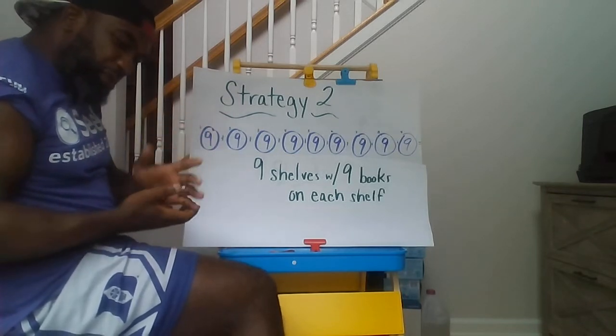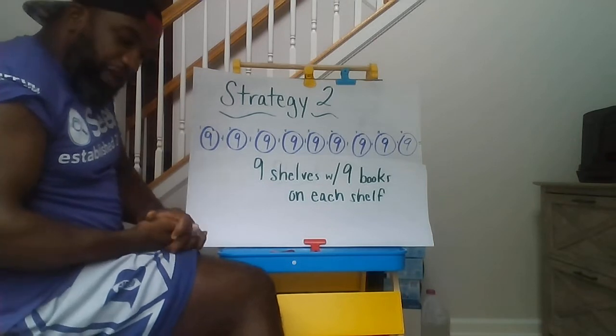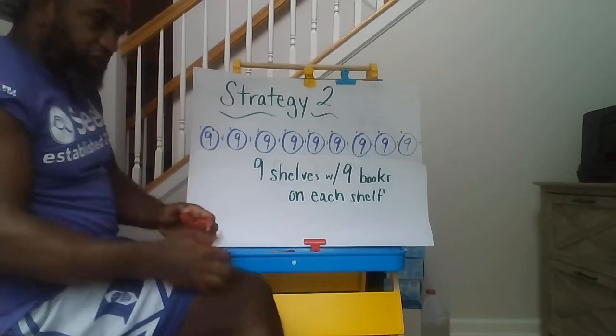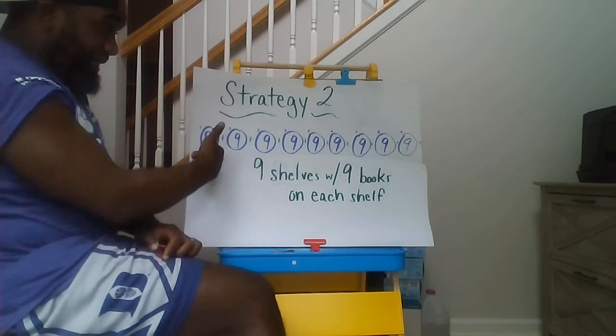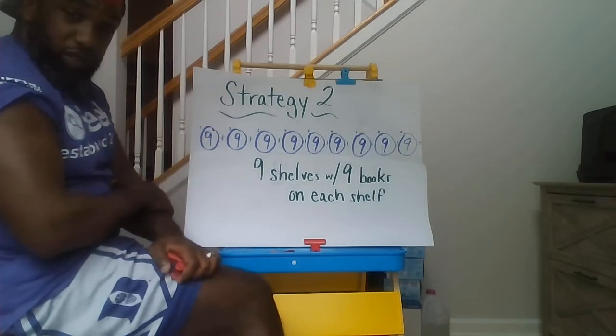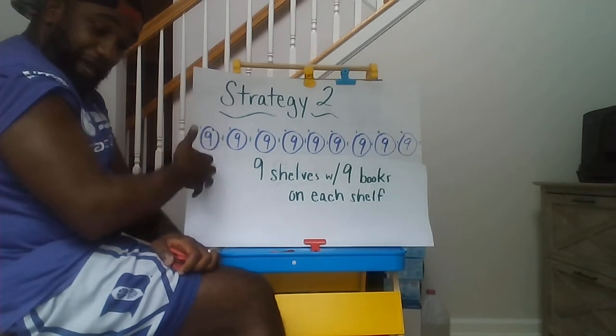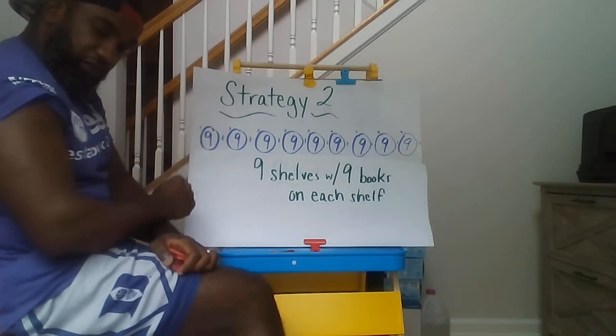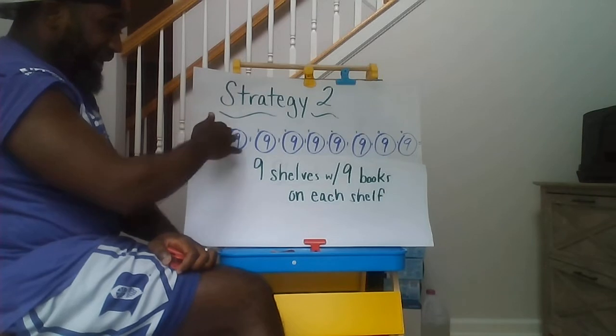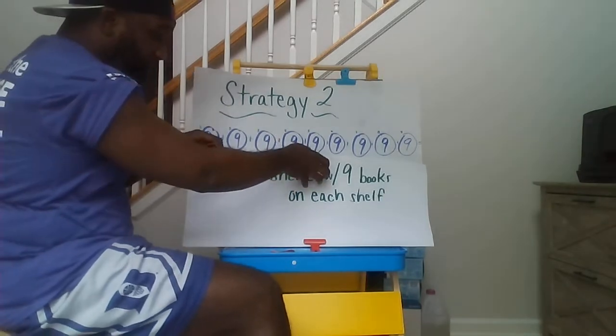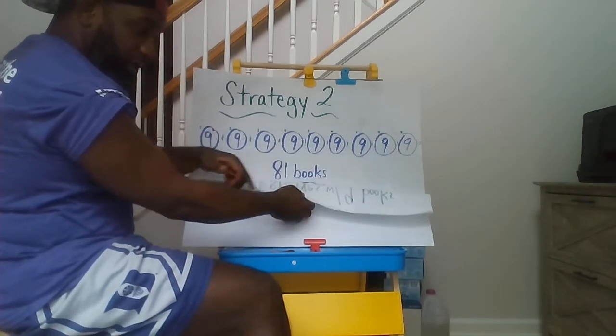We put 9 books on each shelf. And so we had to figure out how many shelves did we use. So, in this instance, we started with 9, knowing that we had to have 9 on each shelf. And then we continued to add 9 until we got to our 81 books.